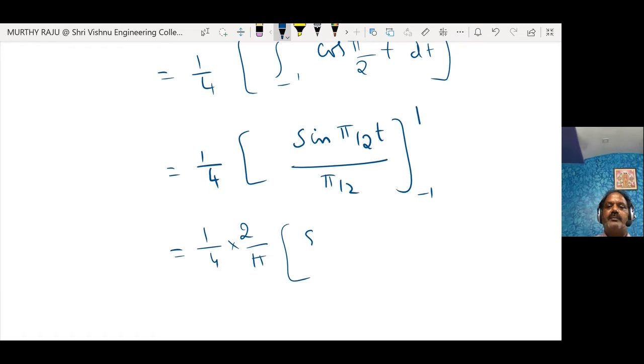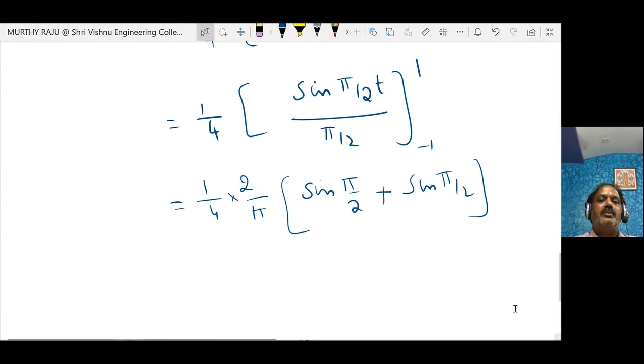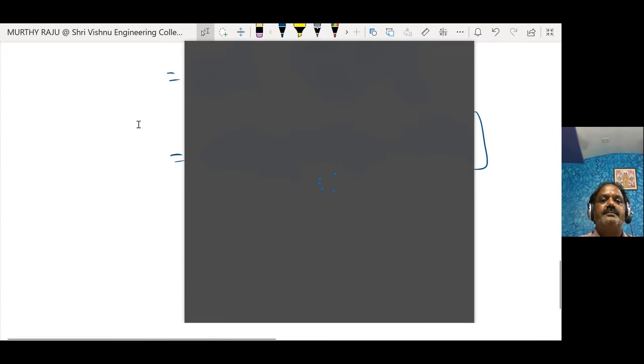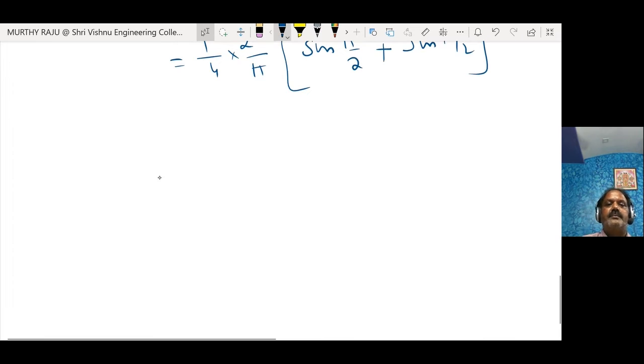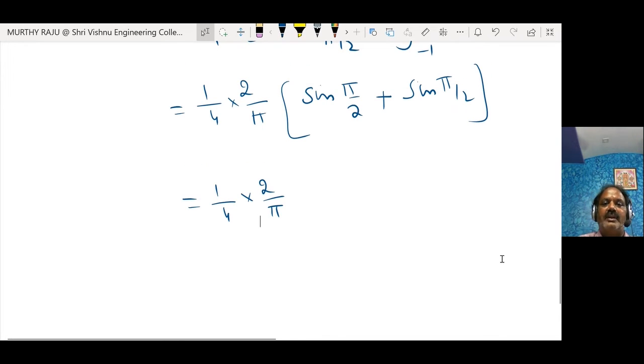Substituting t equal to 1 gives sine pi by 2, minus the value at t equal to minus 1, sine of minus pi by 2, which is minus sine pi by 2; minus into minus gives plus, so that is sine pi by 2. Sine pi by 2 plus sine pi by 2, where sine pi by 2 is 1, gives 1 plus 1, which is 2. So that is equal to 1 by 4 into 2 by pi into 2.